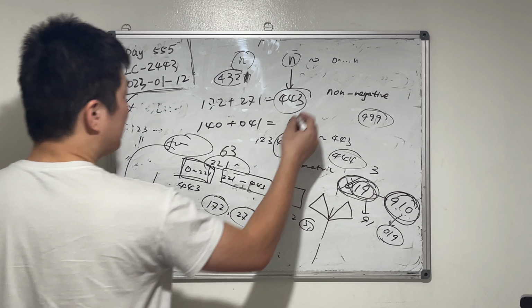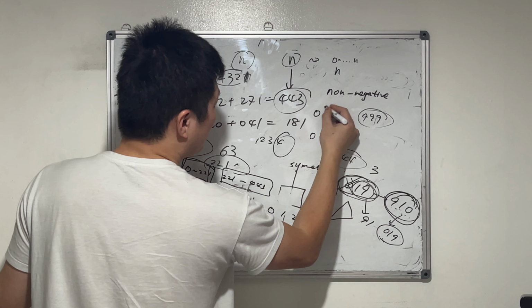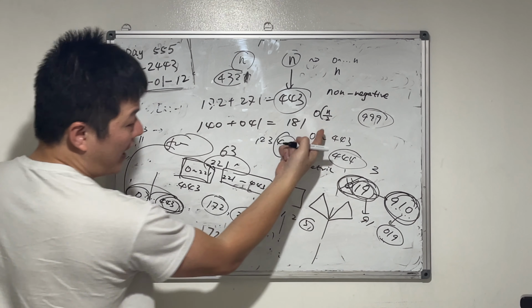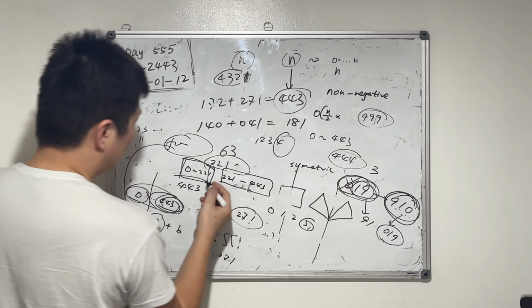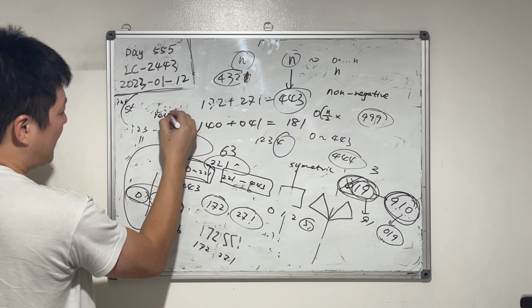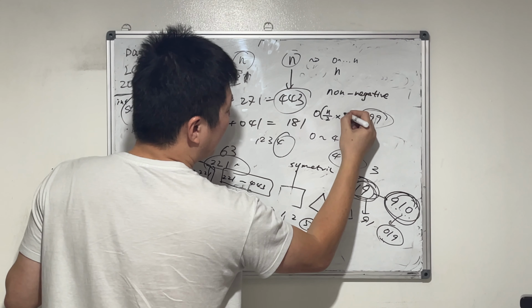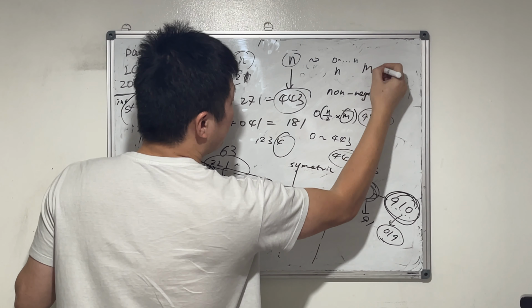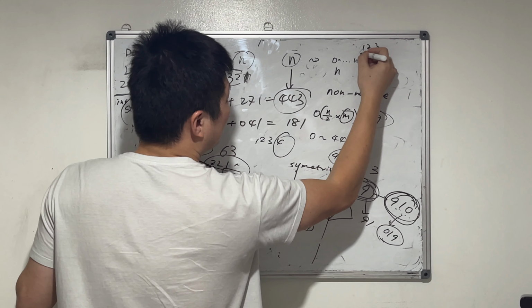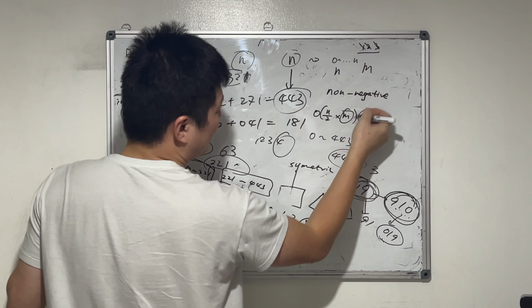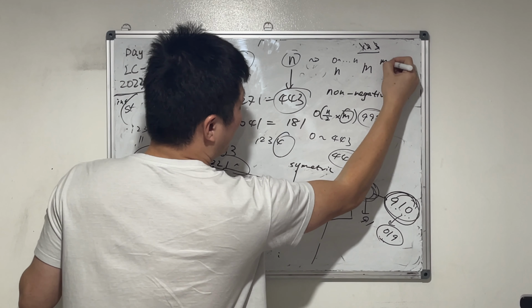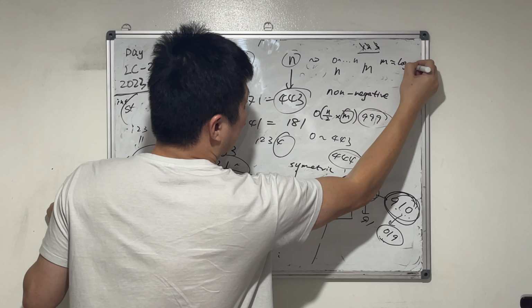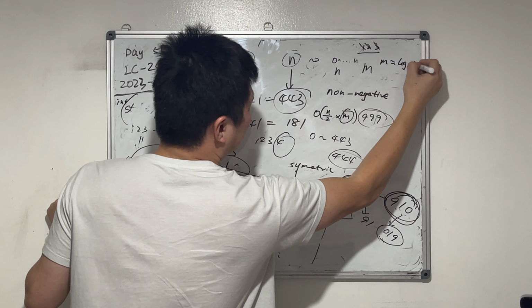The time complexity, if the input is n, is O(n/2) times the reverse function, which takes O(m), where m is the number of digits. For 123, it needs 3 iterations to get the digits, so m is roughly log base 10 of n.